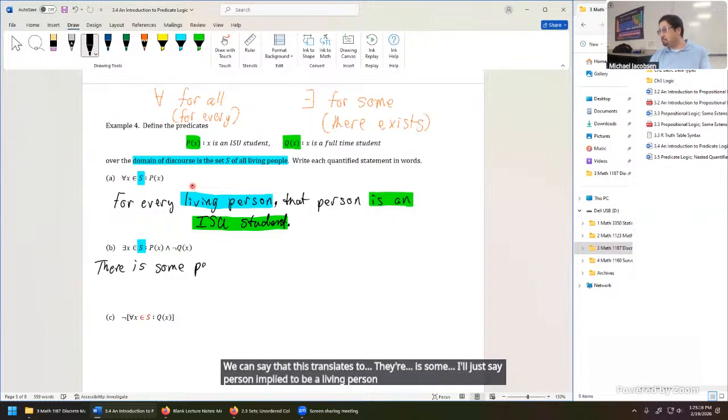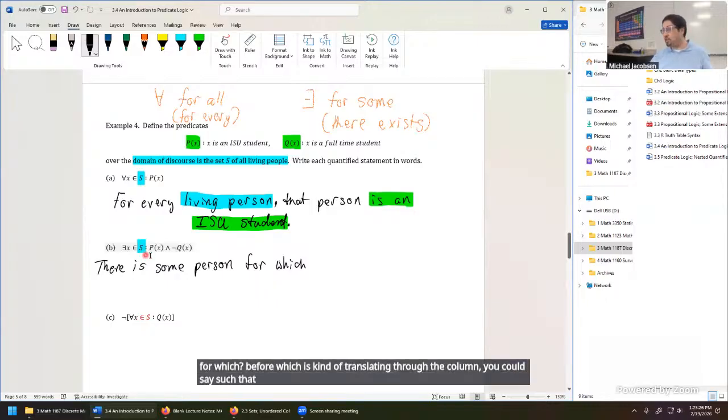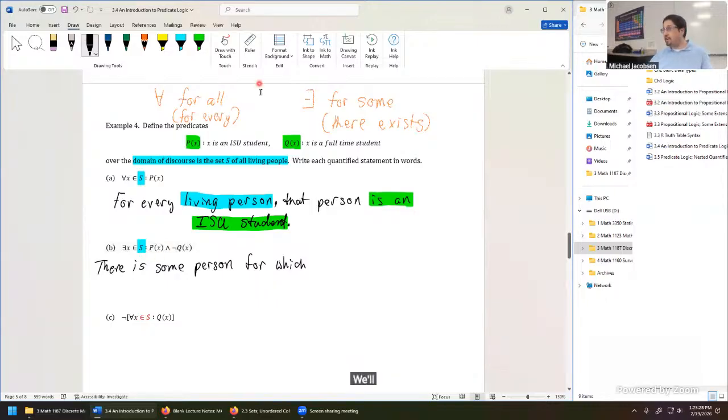There's some person for which, the for which is kind of translating through the colon. You could say such that instead if you prefer. We'll say for which they are an ISU student and the negation of Q of X, not a full-time student.